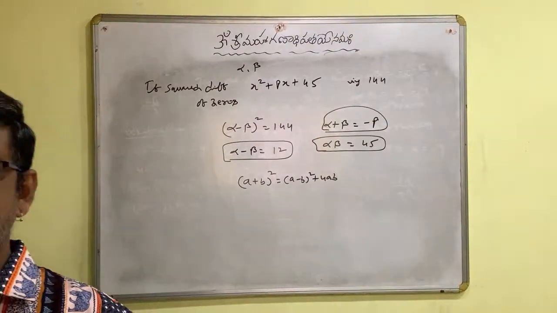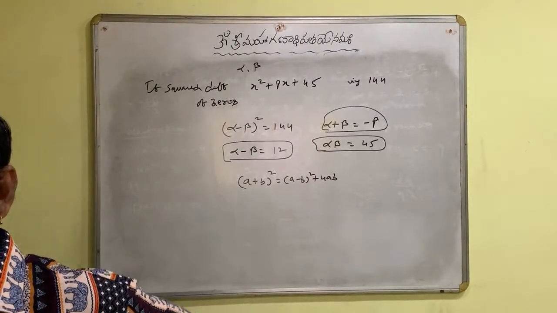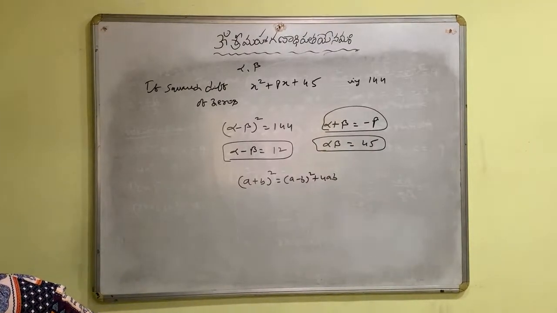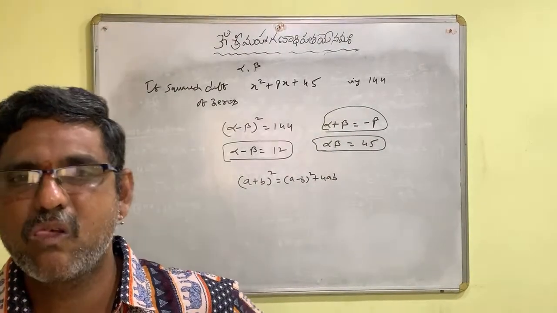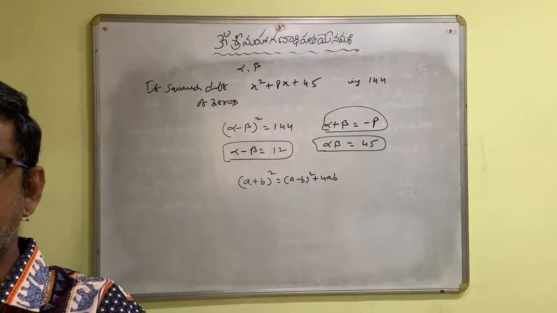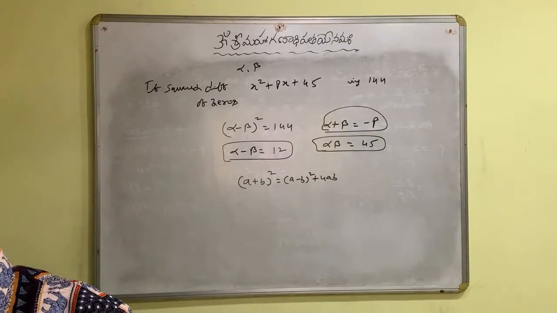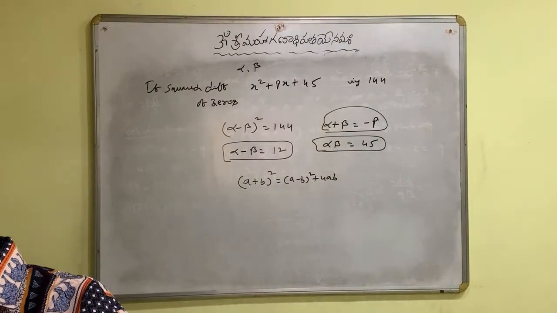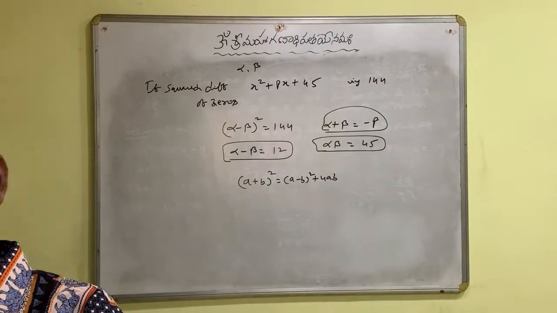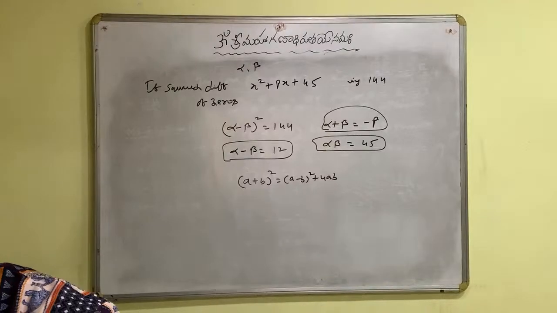A plus B whole square equals A minus B whole square plus 4AB. Is that right or any doubt in that? Right only. Now substitute the values.